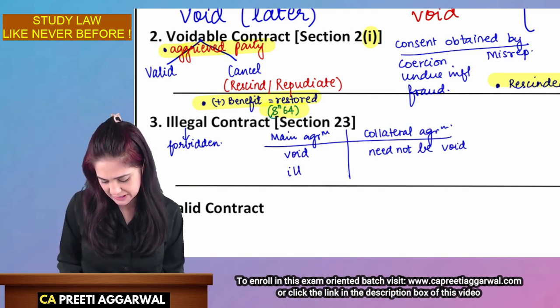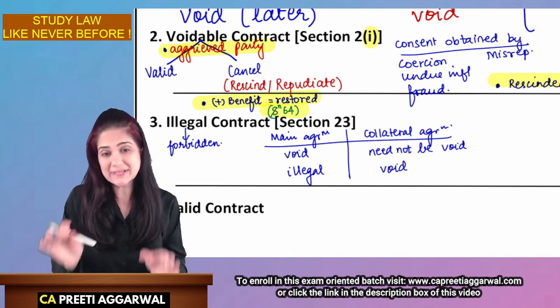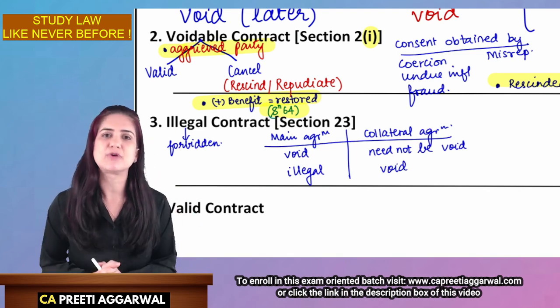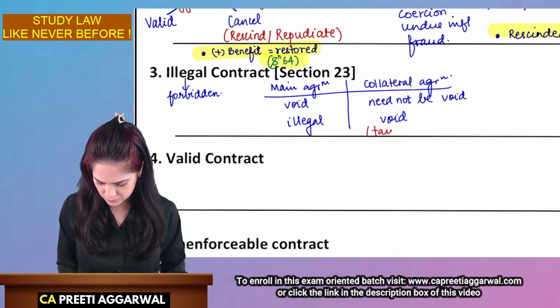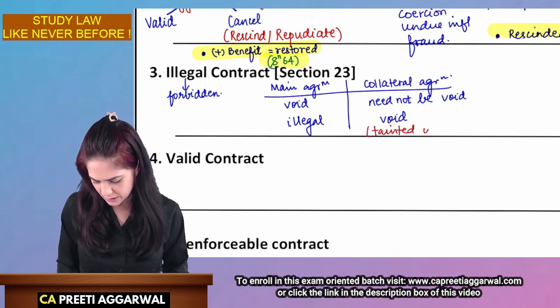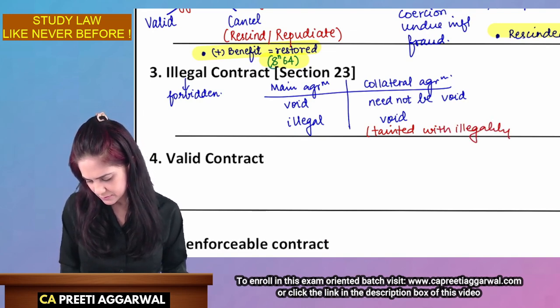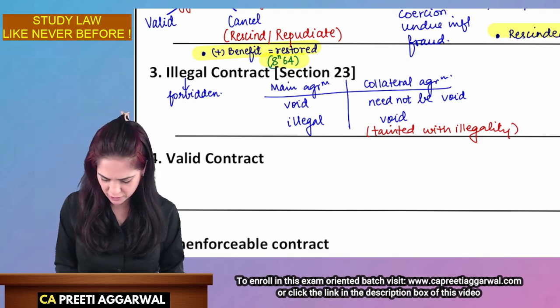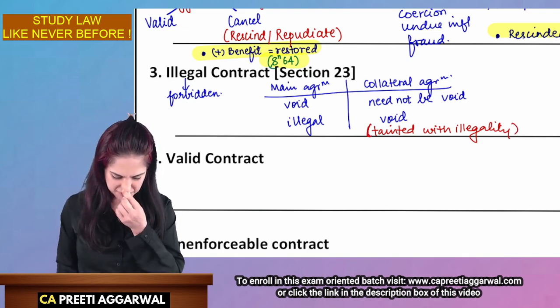But if the main is illegal, what will happen to the collateral? That is also tainted with illegality, it will become void. Tainted means it is affected. That also becomes void.